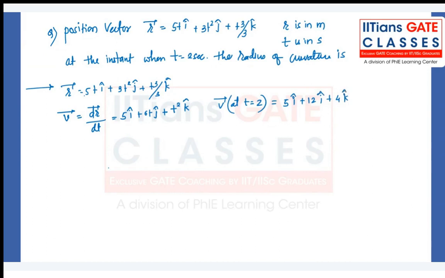Okay. And mod of v bar is under root of 5 square plus 12 square plus 4 square, and that will be equal to 13.60 meters per second. Okay, and similarly the acceleration. 15.85 is not the correct one.